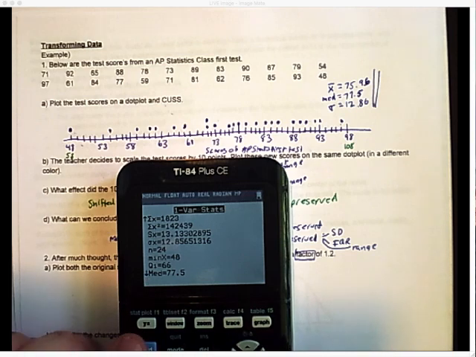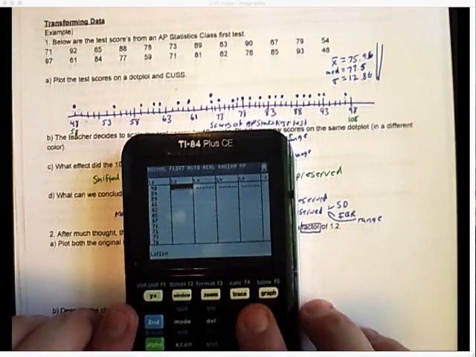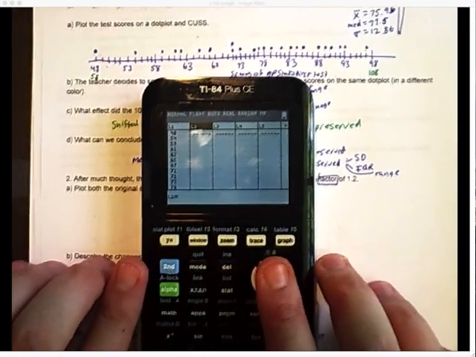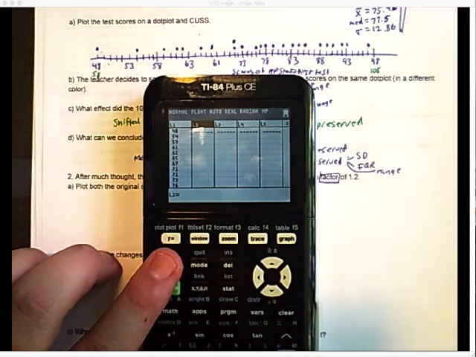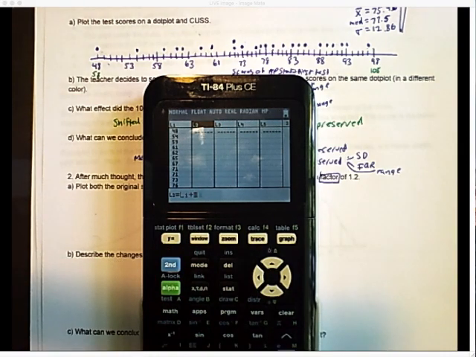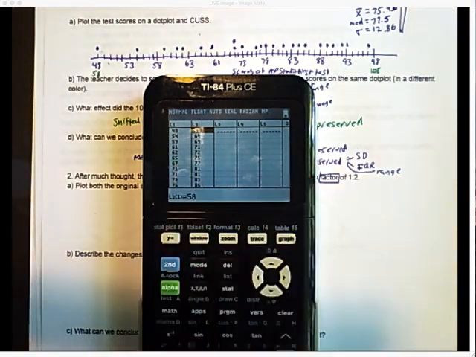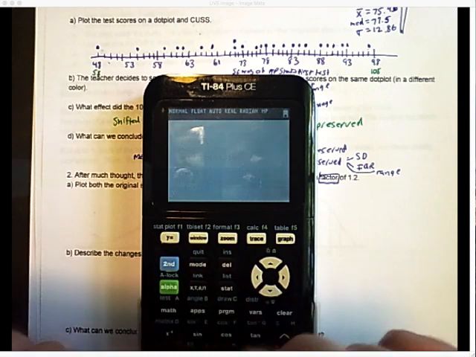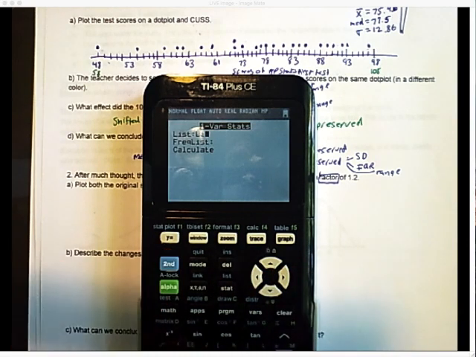Now for the second distribution, there's an easy way to do that. For list 2, if I want to add 10 points to everybody's score, just say, okay calculator, up at the top where it says L2, take L1 and add 10 points. Now it adds 10 points to all of those things I had in list 1. Now let's run statistics on that. STAT, CALC, one-variable stats for list 2.